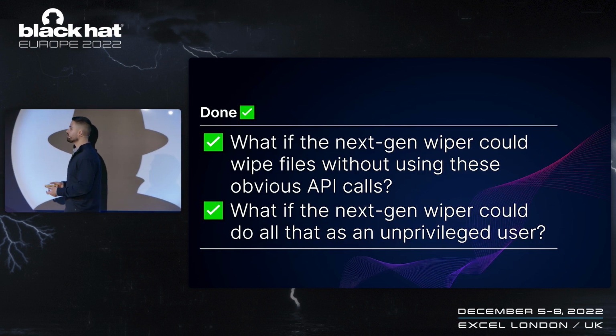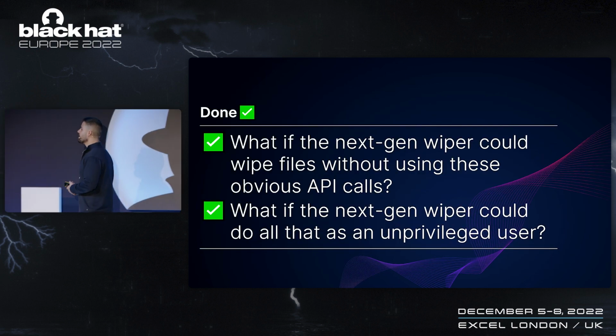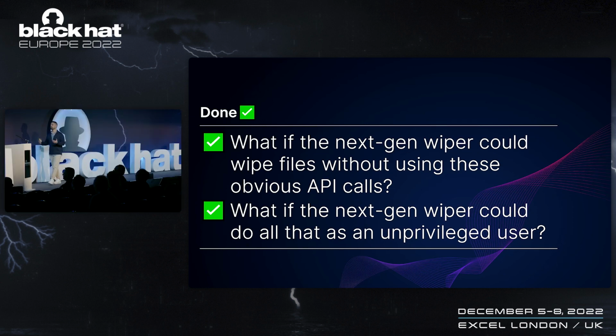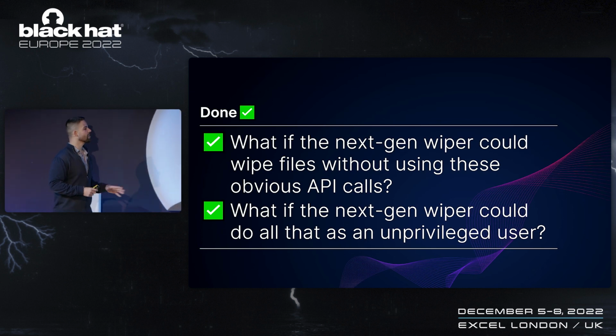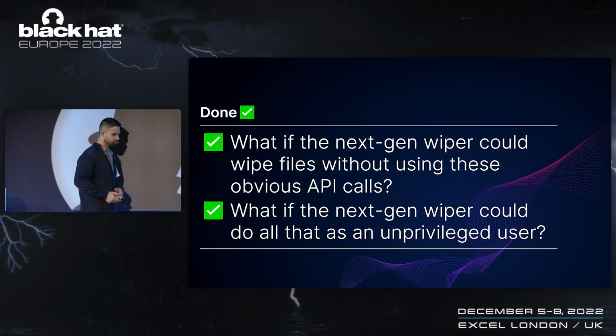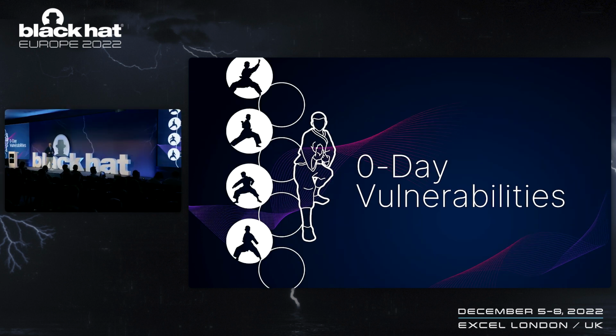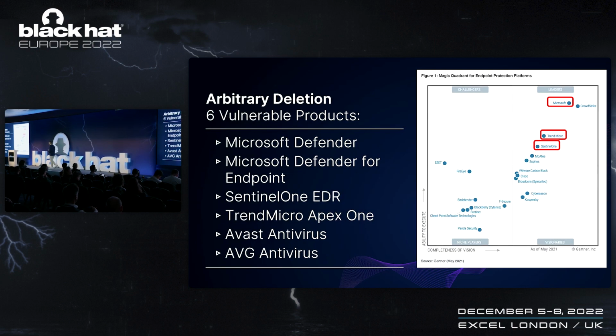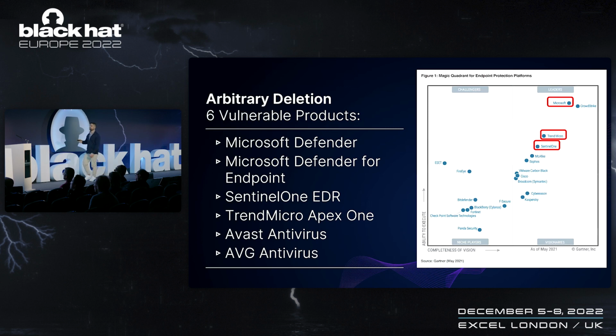By that, we've achieved our two what-ifs in the beginning, and any edge cases that you come up with after noticing that will be answered in the rest of the talk. So overall, this has led me to find 4 different 0-days in 6 different vulnerable products.